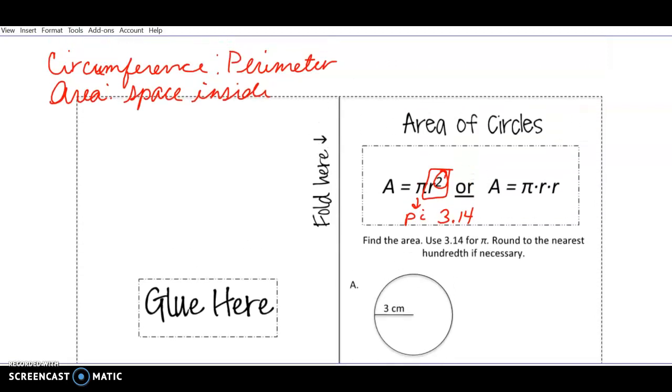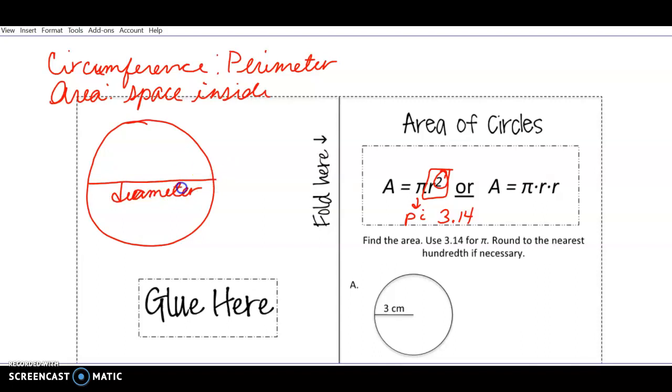So let me go back on a couple things I forgot. On a circle, we have a distance that goes all the way across a circle, which is called the diameter. We use the letter D for diameter. Or we have a distance that goes halfway across, which is called the radius.